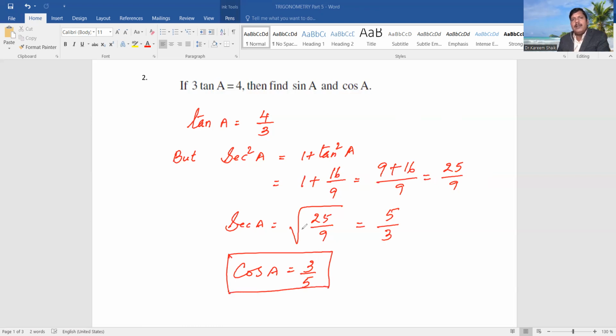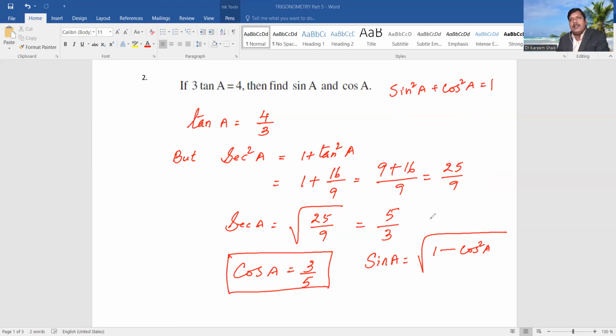But I want to find sin A. We know that sin A is nothing but square root of 1 minus cos square A. Why? The reason is we know that sin square A plus cos square A equals 1.